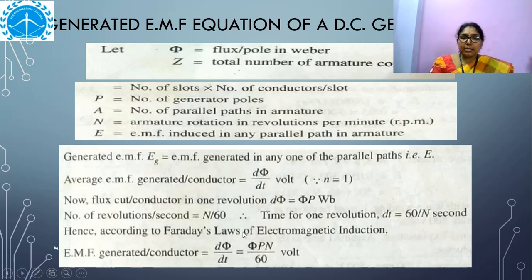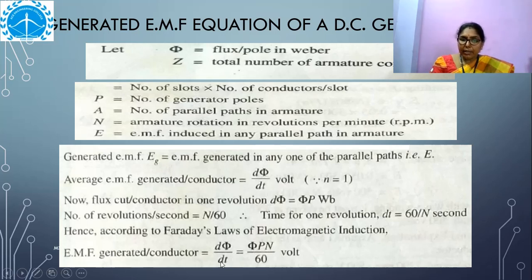Now as per Faraday's laws of electromagnetic induction, we are going to calculate first the EMF generated per conductor. So per conductor means here we are considering 1. So d phi by dt. But earlier we calculated d phi, which is phi into P. So I mention here phi into P. And what is dt? 60 by n.